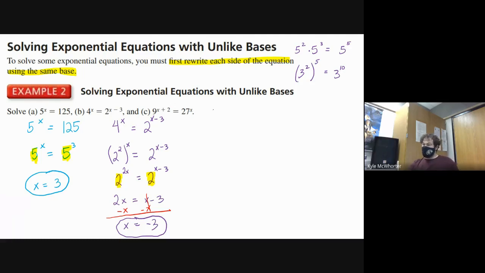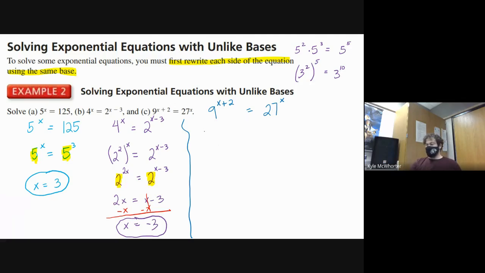Then for C, we've got 9 to the x plus 2 equals 27 to the x. Well, let's see. 9 and 27 are both powers of 3.